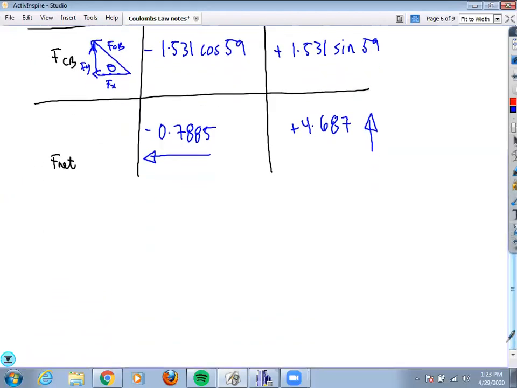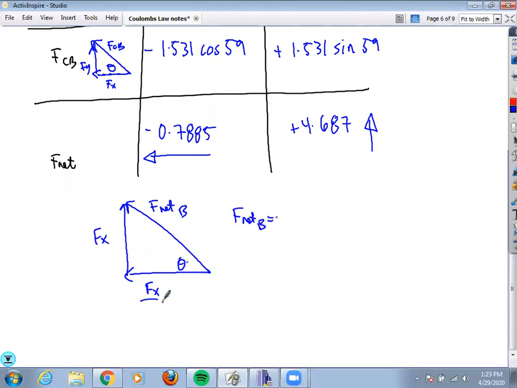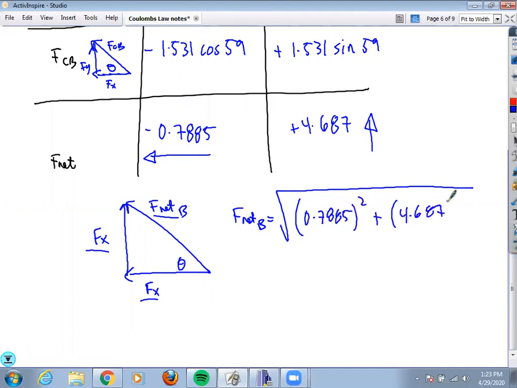So now to get our total, we do our total final triangle. So x is going to the left, Fx. Y is going north, Fy. And that's our Fnet on charge B, and there's our theta. So Fnet B, A squared plus B squared equals C squared. So square root 0.7885 squared plus 4.687 squared.